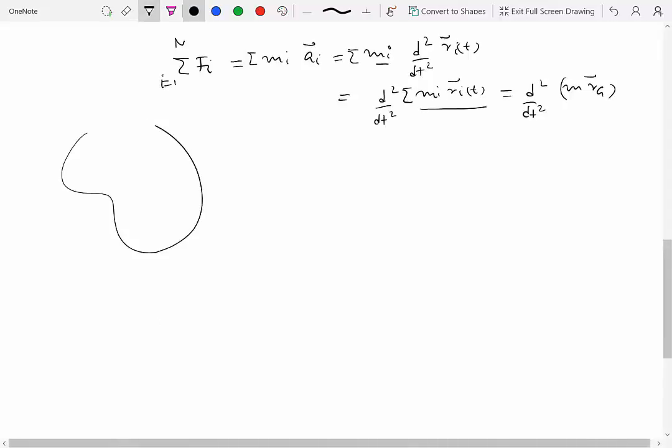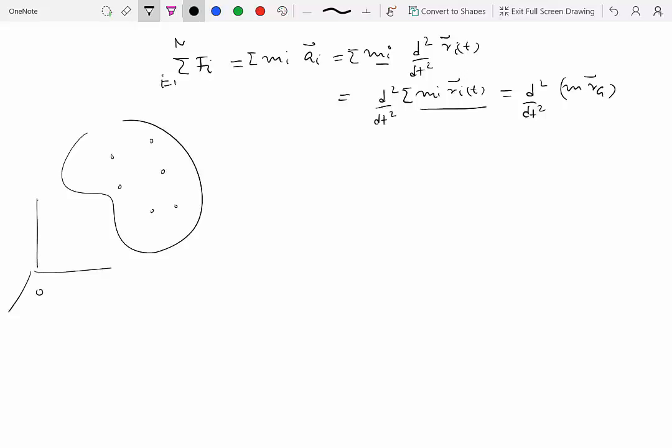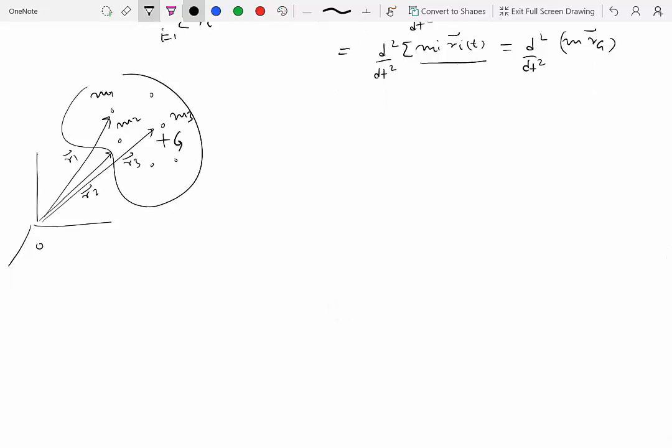If I have a bunch of particles and I pick a coordinate system and indicate the positions, let's say r1, r2, r3, and so on, and I know their masses m1, m2, m3, and I want to find where the center of mass of this system of particles is, given by the position vector rg, then it is obtained by multiplying each of these masses with their position vector and adding them together, and that is equal to the sum of all the masses, which we call the total mass, times the position vector of the center of mass.